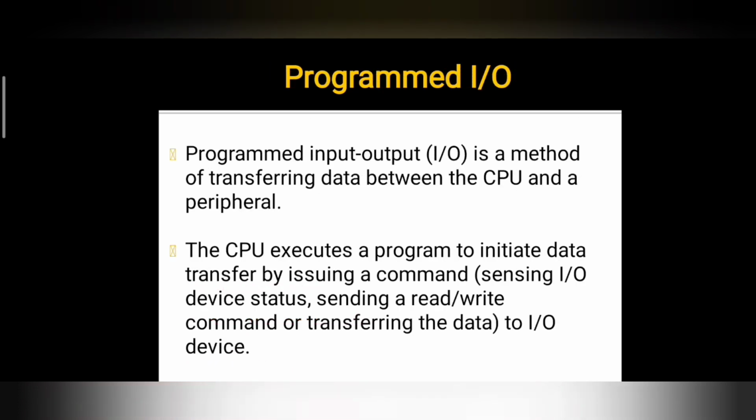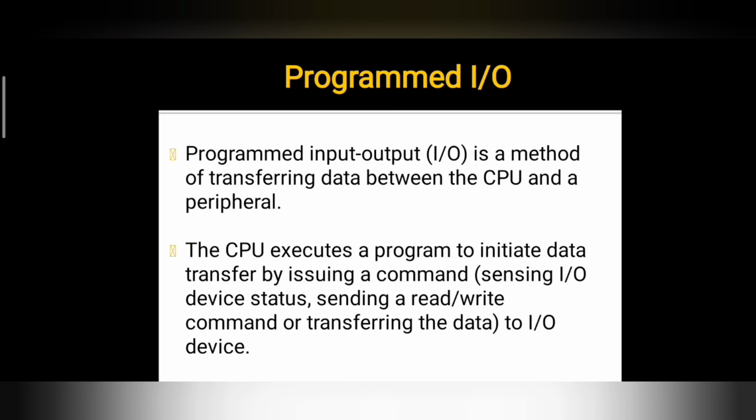So let us understand the very first mode, that is programmed I/O. Well, this is a method where the data is going to be transferred between the CPU and a peripheral. Let's be very clear that here the two communicating entities are the CPU, which is residing inside your computer system, and at the other end a peripheral device which is residing outside your computer system.